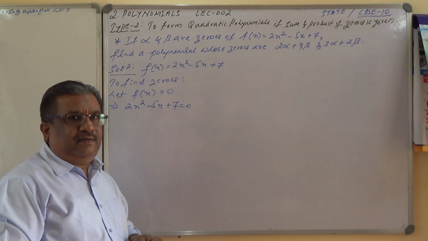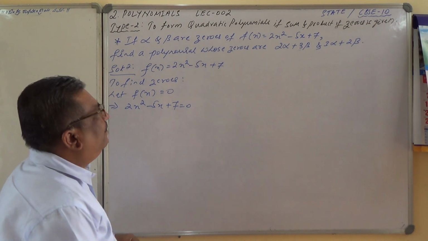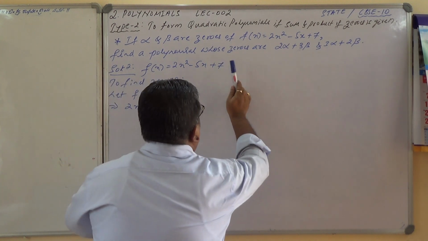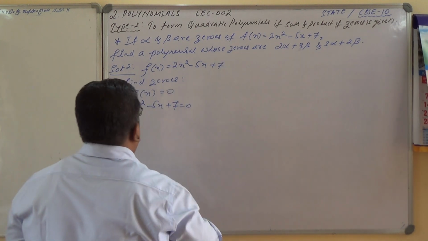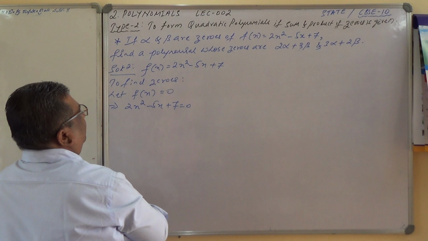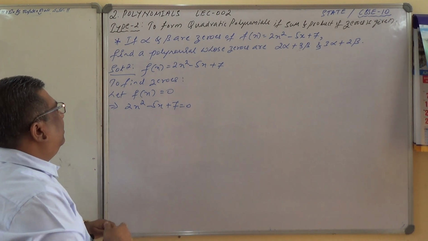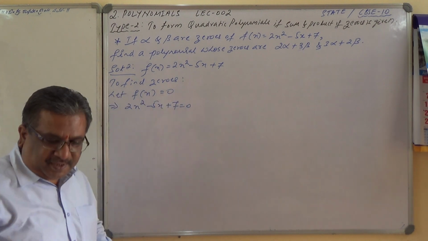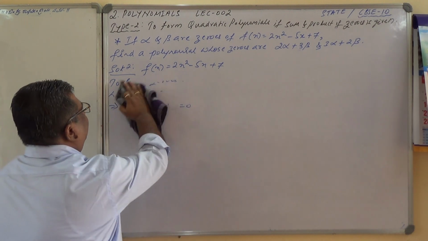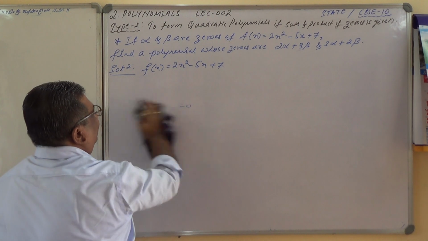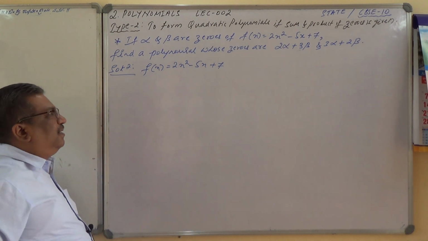What to do here? Let us see one method. It is not possible to split the middle term here. So we have come across one numerical where we could not split the middle term.